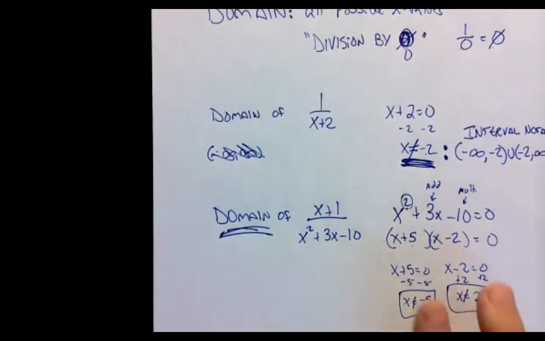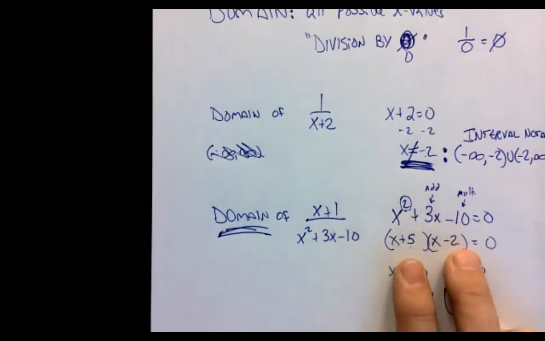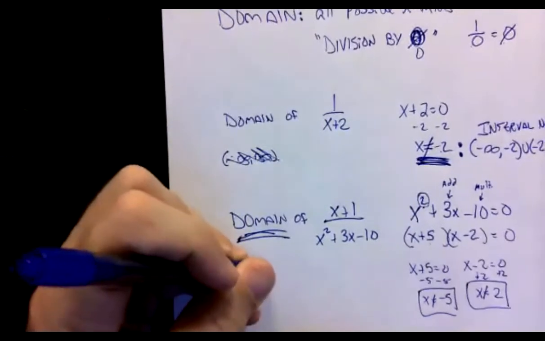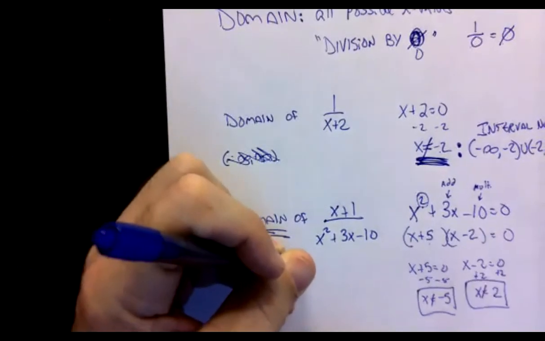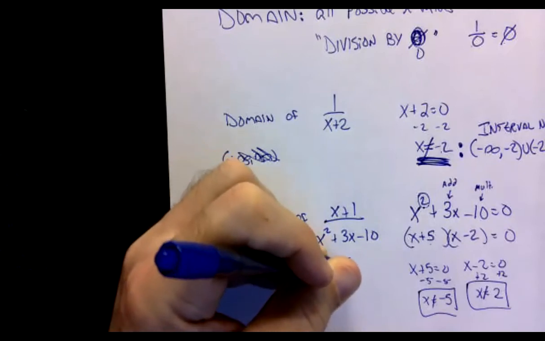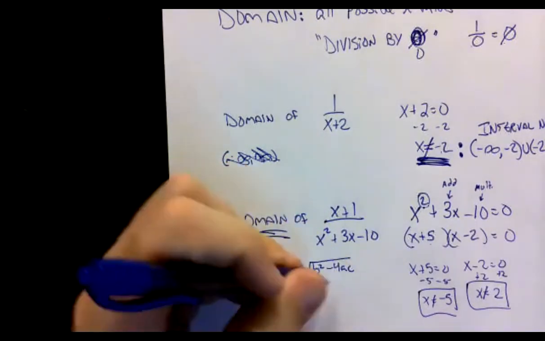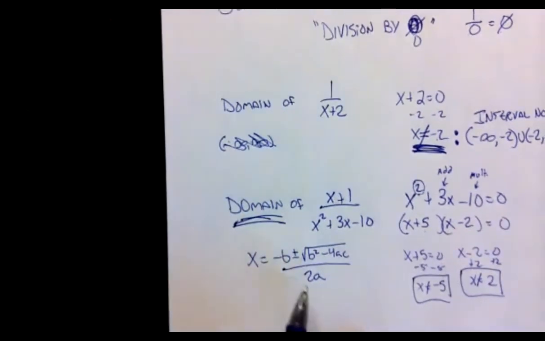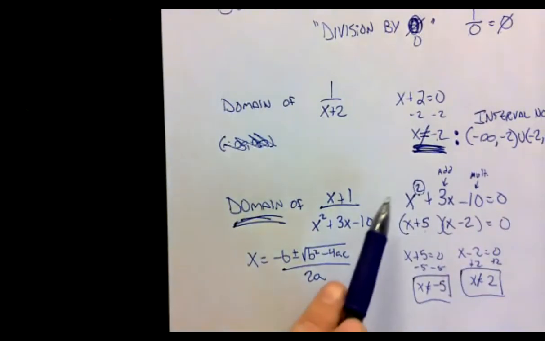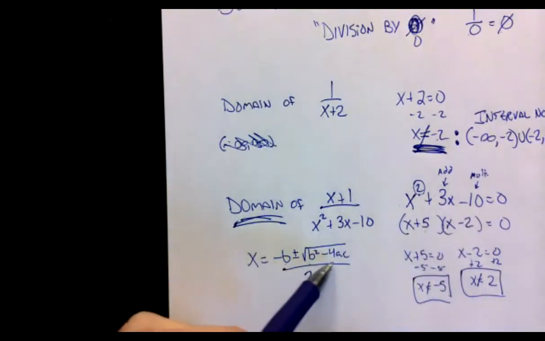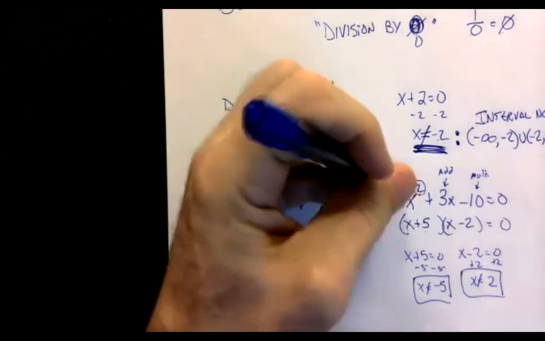Now, I know a number of people do not like factoring. They like that quadratic formula. So remember the quadratic formula says x equals -b plus or minus square root of b squared minus 4ac all over 2a. This is just a formula you can use to solve a quadratic. In this case, your a's and b's and c's come from here.